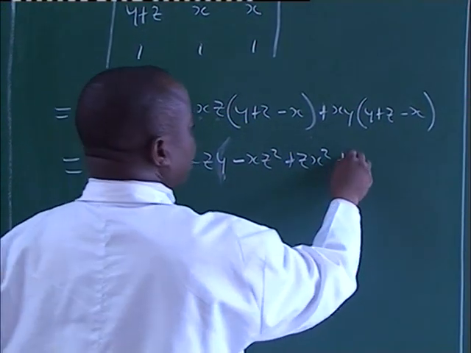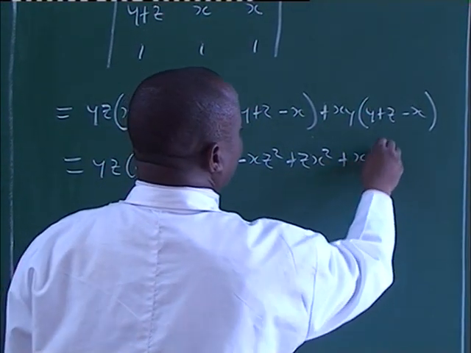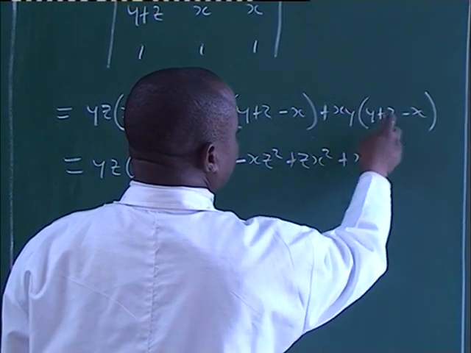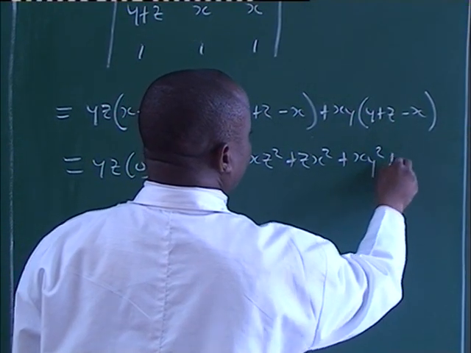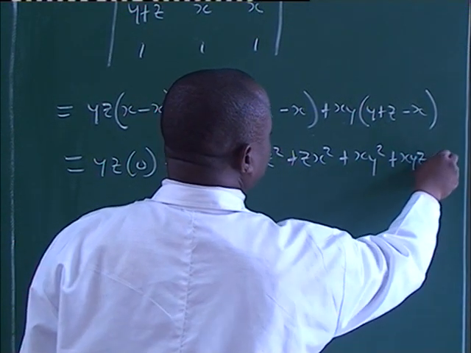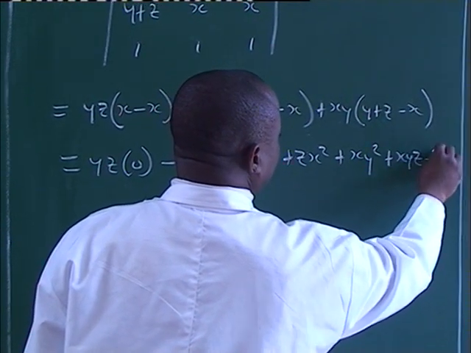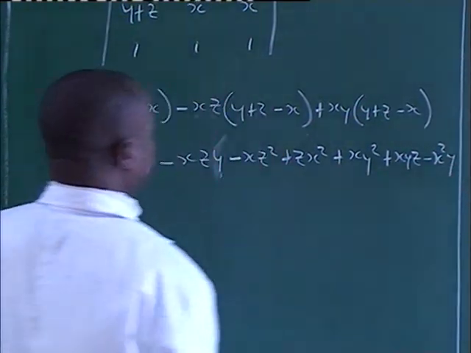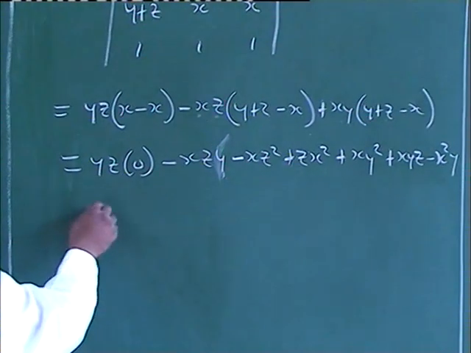Then this time this gives us xy square. Then times here we have plus xyz, then minus x square y. This can go.